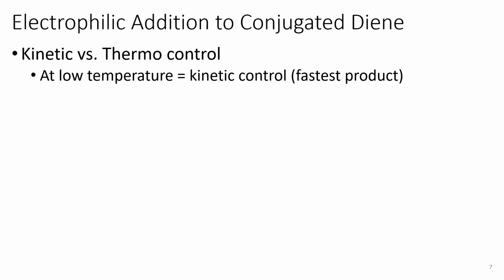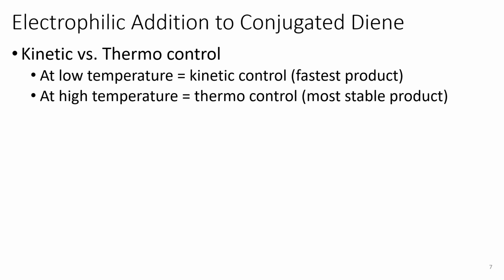Thermodynamic control is the product that is the most stable. So under low temperature conditions, we end up getting the kinetic controlled product. We end up producing the fastest product that we can make. When we're under higher temperature conditions, we end up with the thermodynamic controlled product, and again, this is the product that will be the most stable for us.